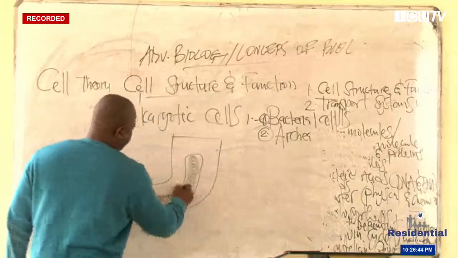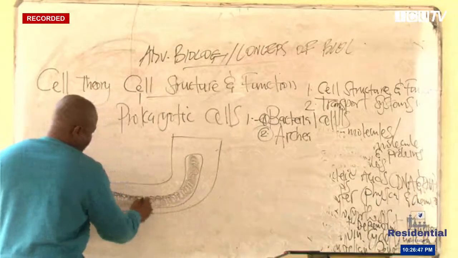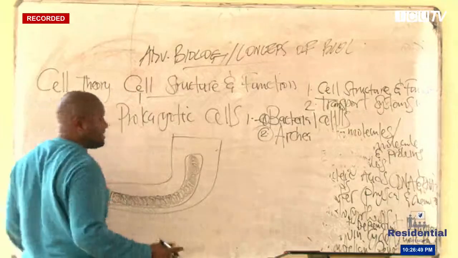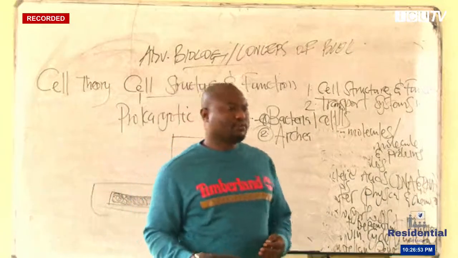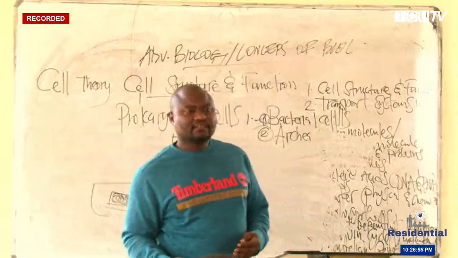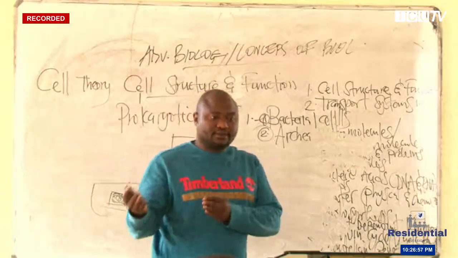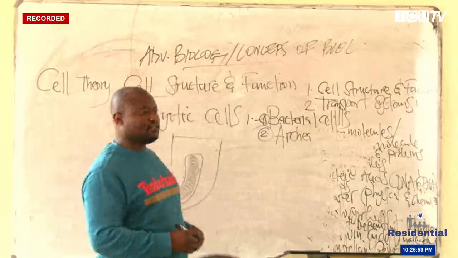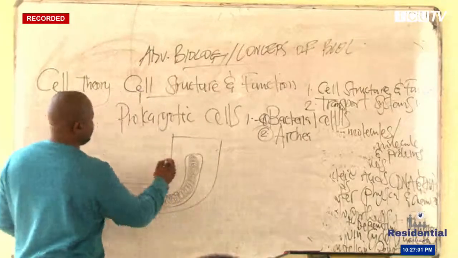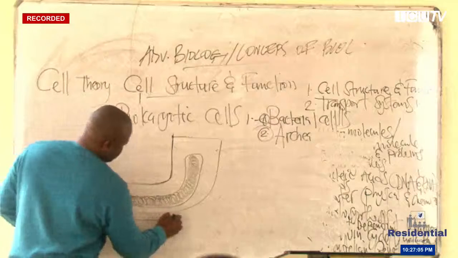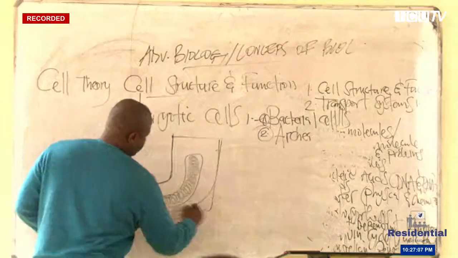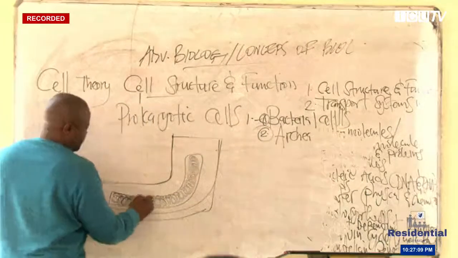One thing that you need to understand is that in terms of complexity, eukaryotic cells are more complex than prokaryotic cells. Prokaryotic cells are not so complex.